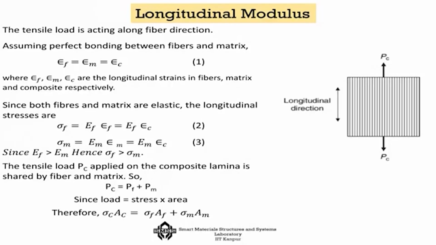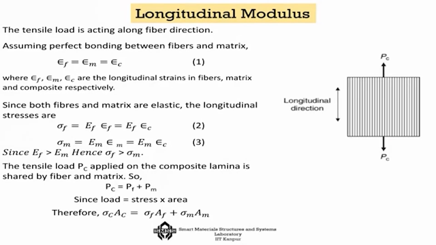And sigma f is actually EF epsilon f, and since epsilon F equals epsilon C, you can also write it as EF epsilon C. Similarly, Pm is sigma M AM, where sigma M is EM epsilon M, and that is nothing but EM epsilon C.